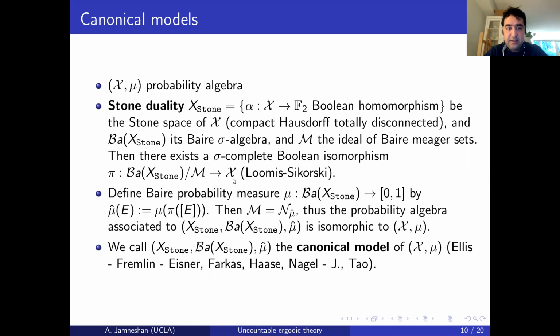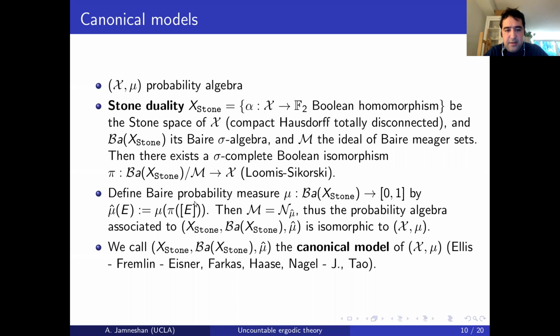Anyway, that's a bit technical. But there is a way to associate with this probability algebra a concrete space. And we can also then define a measure on that space by just using this isomorphism. So we define the measure of any Baire set on that Stone space to be the measure of its image inside the probability algebra.